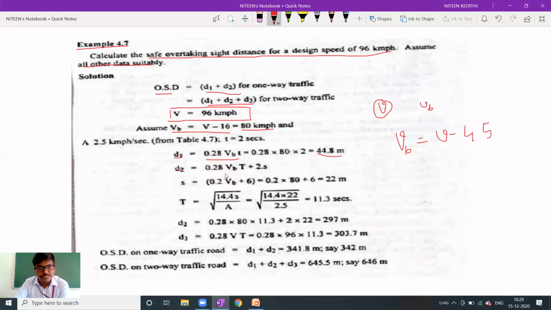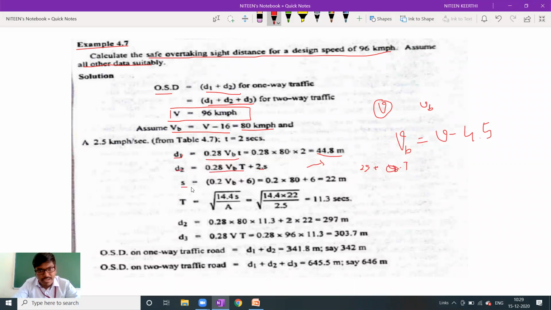Next D2: 0.278 VB into capital T plus 2S. In terms of small v, it is 2S plus small vb into capital T. In place of small vb, I am taking 0.278 into capital VB.